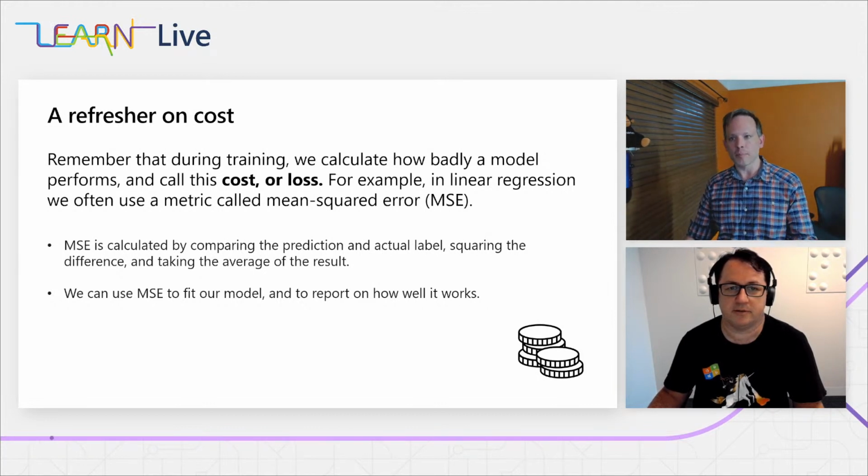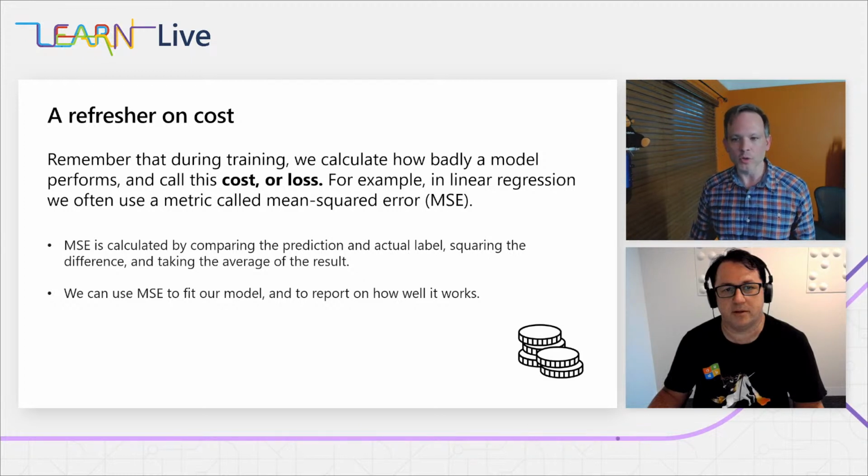And we total up and average all of those differences, and that's our loss or our error. That's how we do it with linear regression. Right, so far so good, Glenn?